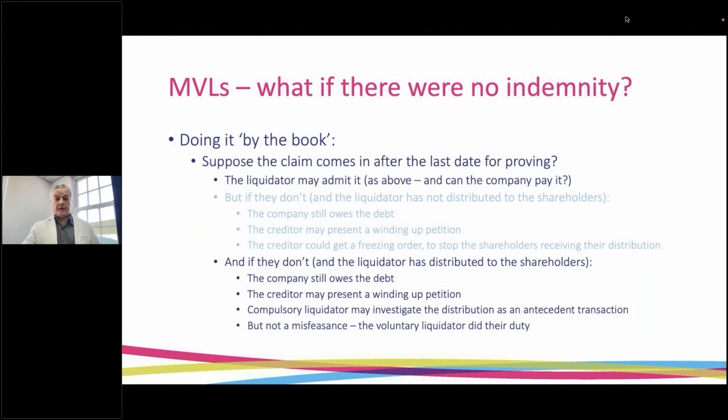The creditor may present a winding up petition, but there are no funds available to freeze either by a freezing order or by a winding up petition. And if they do appoint a compulsory liquidator, then the compulsory liquidator is likely to be investigating the distribution as some form of antecedent transaction. That doesn't necessarily mean they will have any grounds for setting it aside, but they're likely to want to look at it to see whether there are grounds for doing so.